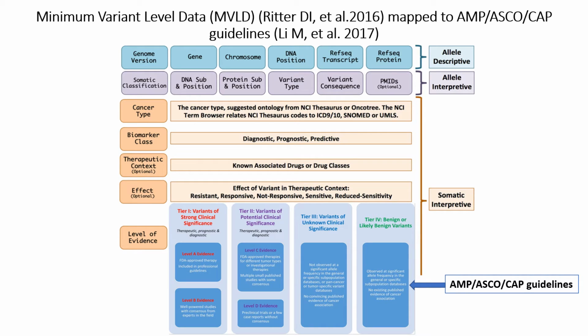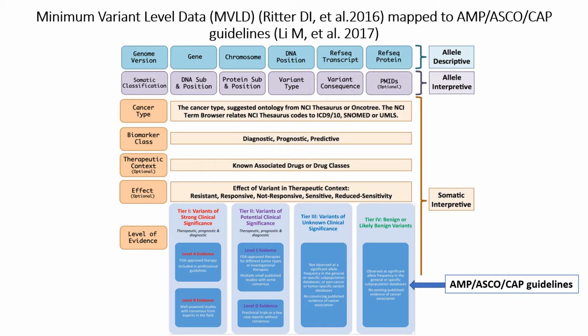Briefly, this is a 4-tiered system to categorize somatic sequence variations based on their clinical significance. Tier 1 variants are those that have strong clinical significance as demonstrated by their inclusion in professional guidelines or FDA approval of therapies or well powered clinical studies.